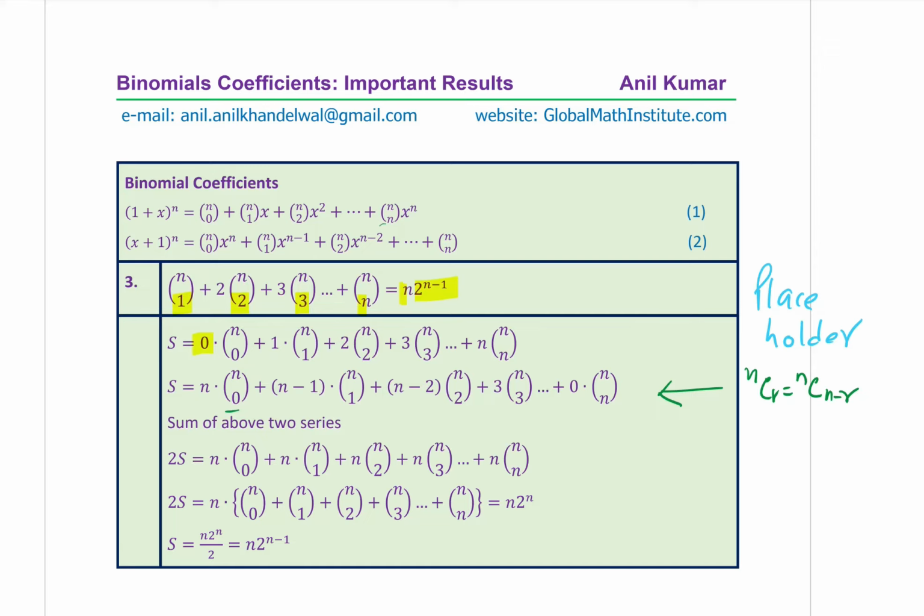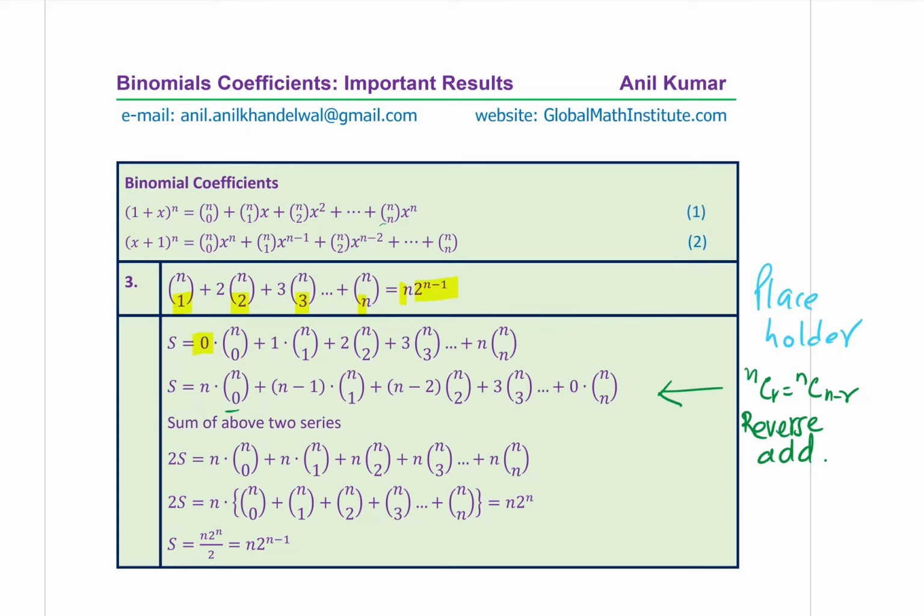Instead of nCn, we are writing nC0 and then the coefficient. So this term now is written first. We kind of reversed the series, and then add, correct? So we get this series again written in a different order, n times n choose 0 plus n minus 1. So we swapped and then flipped it.